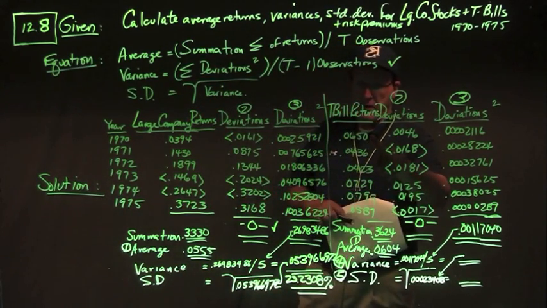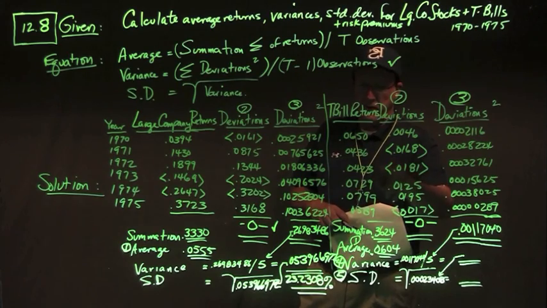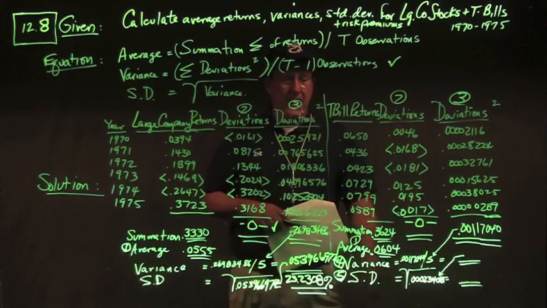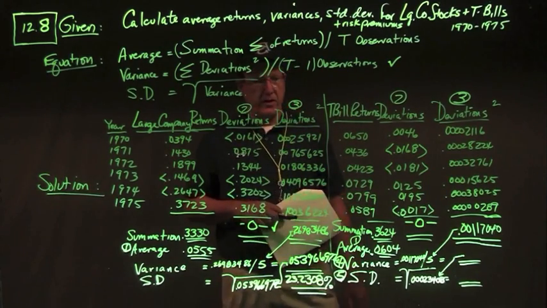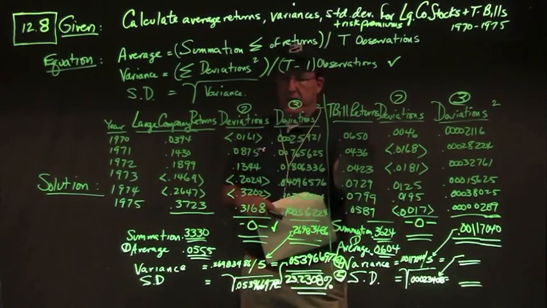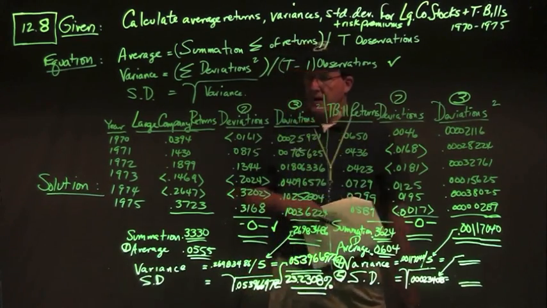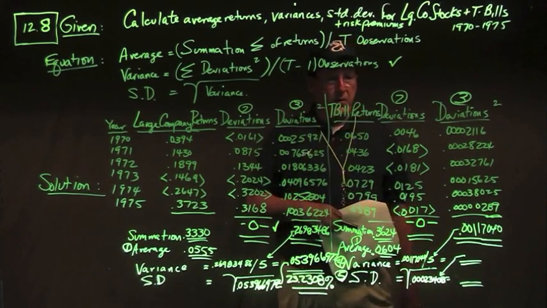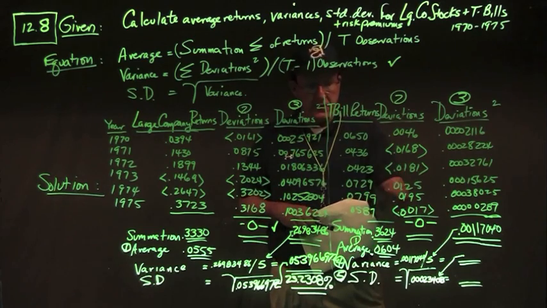T-bill returns from our book are 6.5%, 0.0436, 0.0423, 0.0729, 0.0799, almost 8%. Some very high T-bill returns. Must have been a period of high inflation in the years 1970 through 1975, and indeed it was. Step number 1, add these returns up.